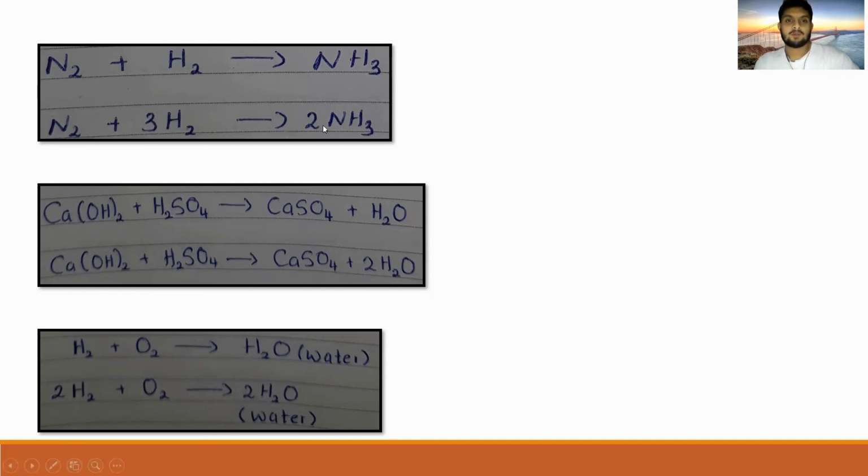But when we are adding any number to balance, we can only add those numbers in front of the element. We can't add them as subscripts. Keep that in mind, because if you do that, that's wrong. So don't make that error.